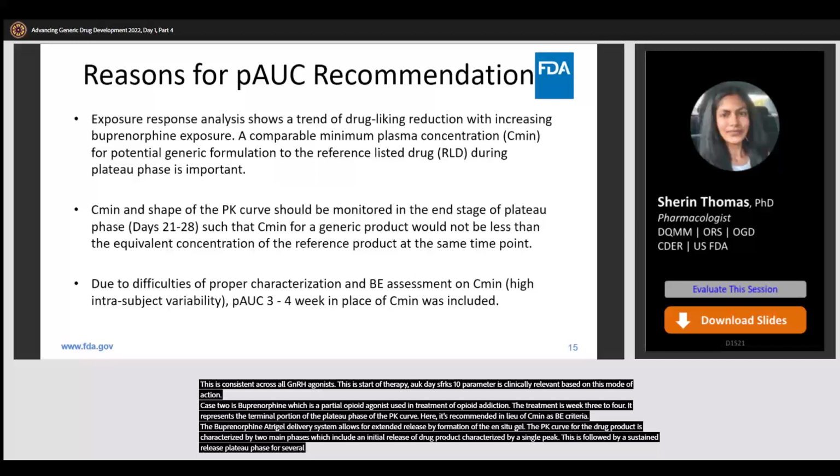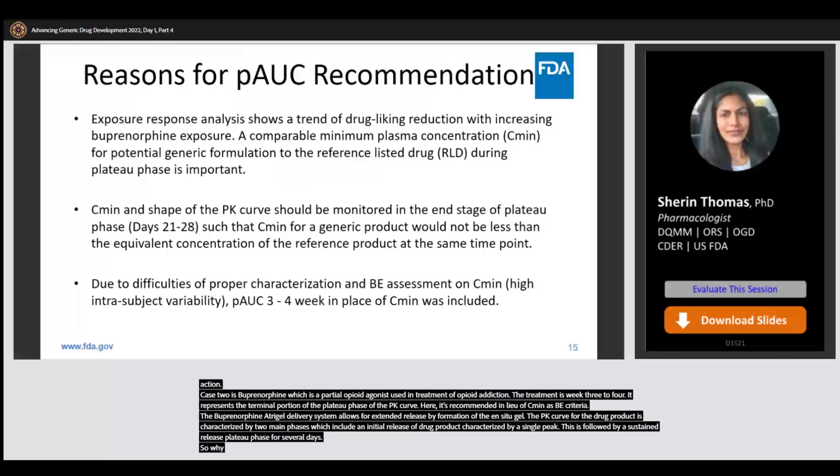So why do we recommend partial AUC for buprenorphine? The exposure response analysis shows a trend of drug liking reduction with increasing buprenorphine exposure. A comparable minimum plasma concentration for a potential generic formulation to the RLD during the plateau phase is important.